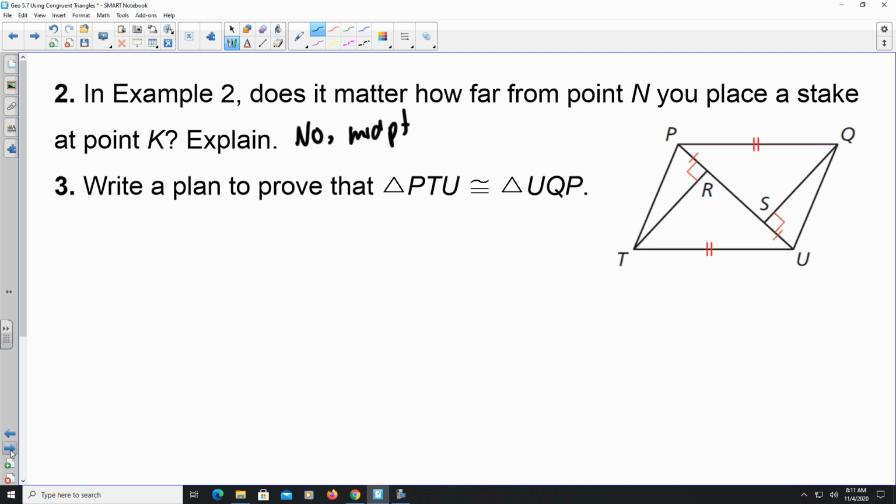They want you to prove that triangle PTU right here is congruent to triangle UQP. So those two triangles. Okay. So what I'm going to do is write it out as a formal proof.